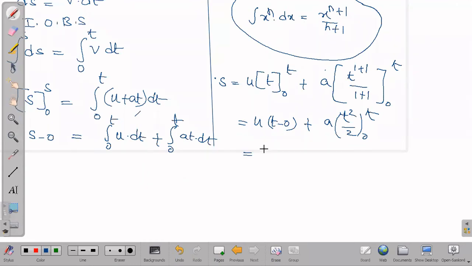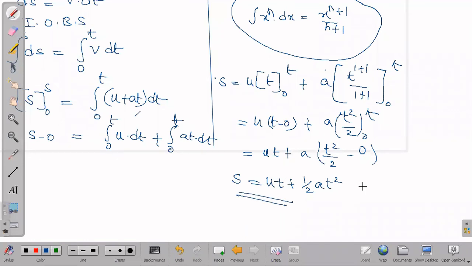So u into t minus 0 is ut, plus a into, in place of t I substitute the upper limit, that means t square by 2, minus, in place of t I apply 0. 0 square by 2 means 0 only, right? So finally I end up with s is equal to ut plus a into t square by 2 minus 0, which is t square by 2 only. Writing the by 2 first, half a t square. This is our second equation of motion.